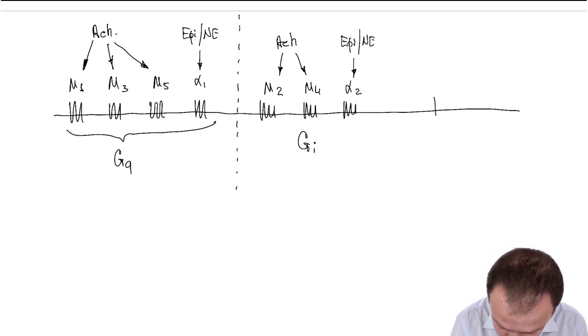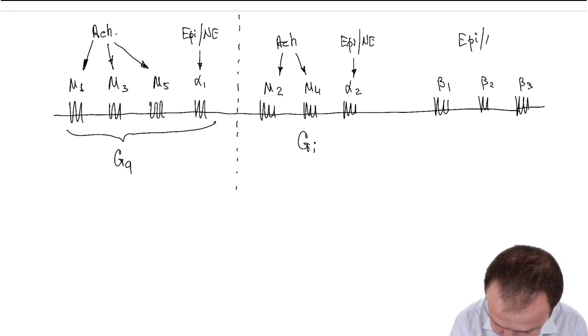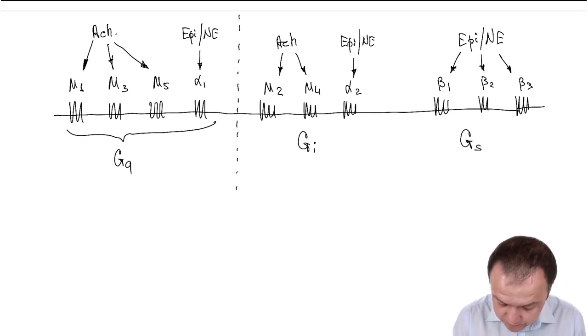And beta-1, beta-2, and beta-3 receptors have common ligands epinephrine, norepinephrine. But they are coupled with Gs, with G stimulatory protein.